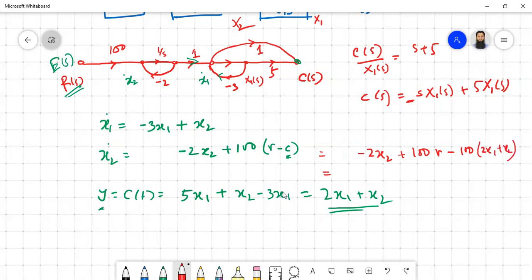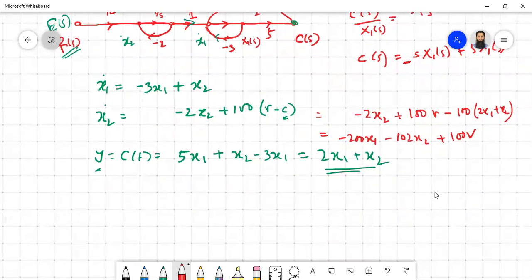So if we simplify a bit, then we can see that minus 200 x1 minus 100 plus 2, so minus 102 x2 plus 100r. Okay, so all the equations are ready.